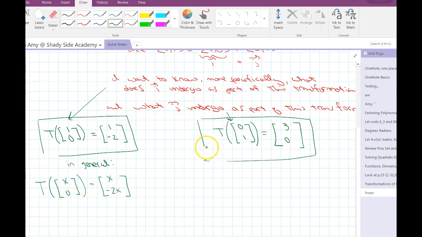How about this? If I look at this, the transformation from (0, 1) results in (3, 0). This tells me that in general, if I take a scalar multiple of (0, 1), I'll just call it (0, y), the result is going to be, what do you think it's going to be? Yes, very good, (3y, 0).